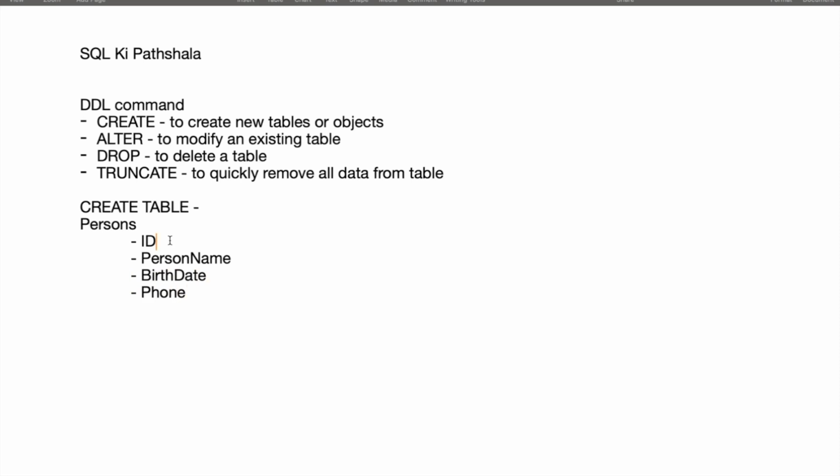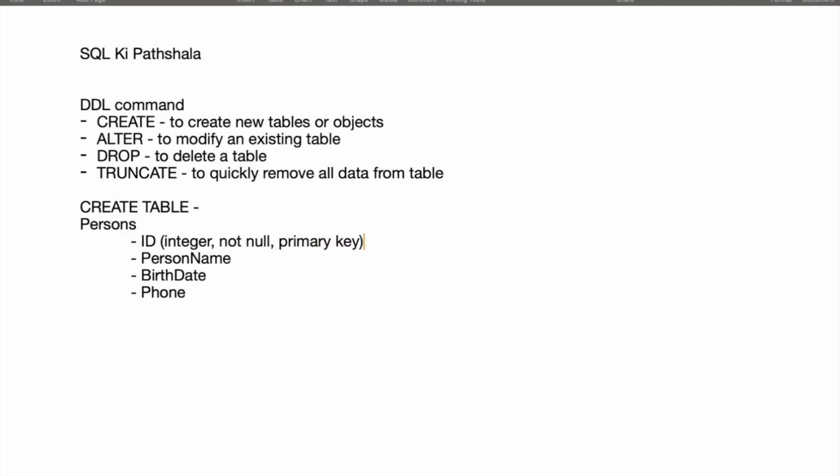You have this information to create a table. What would be the data type of ID? Let's say it should be integer, and it should be not null, because we don't want it to be null, as that might be the unique identifier in your table. Let's make it the primary key.